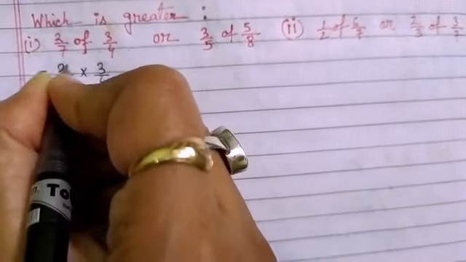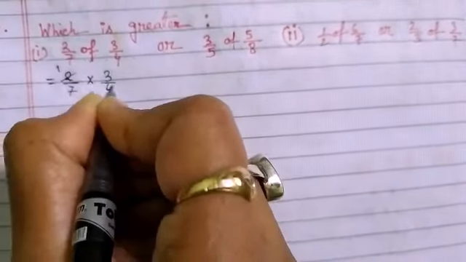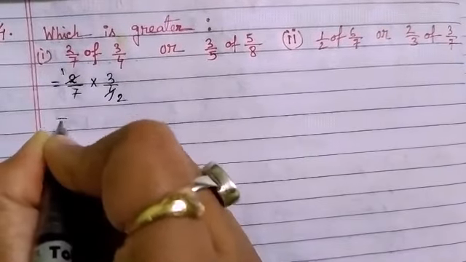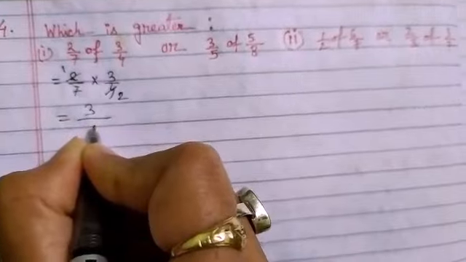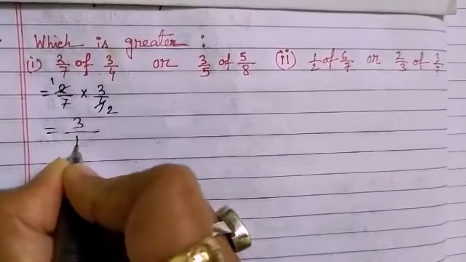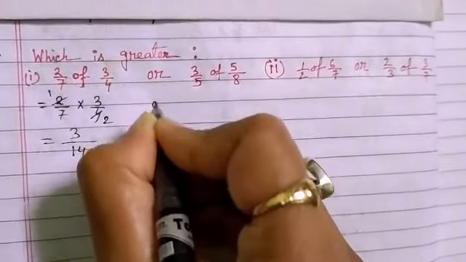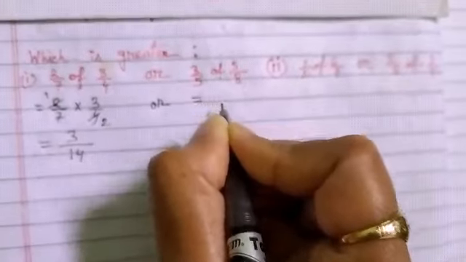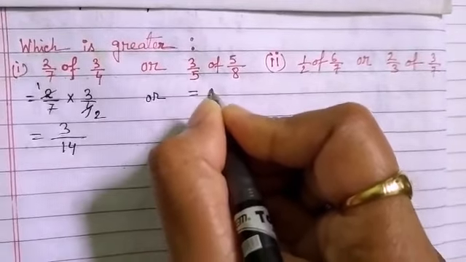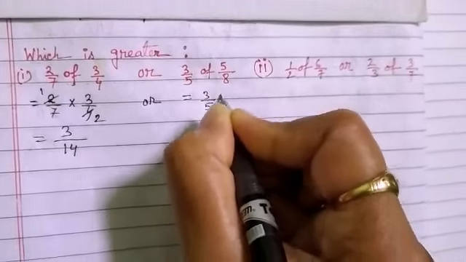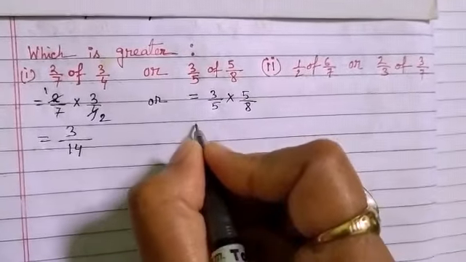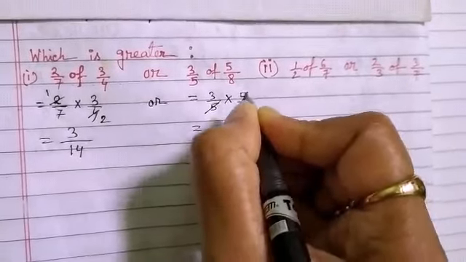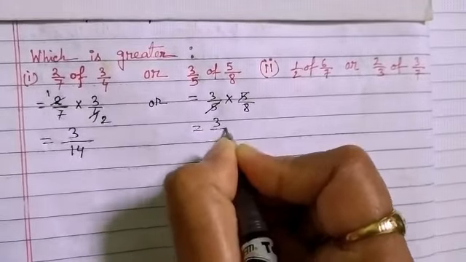Then here by 2 it can be cut. 2 2s are 4. Then 3 1s are 3. 7 2s are 14. Or this one, 3 by 5 multiply 5 by 8. Then 5 5s can be cut, so 3 by 8.